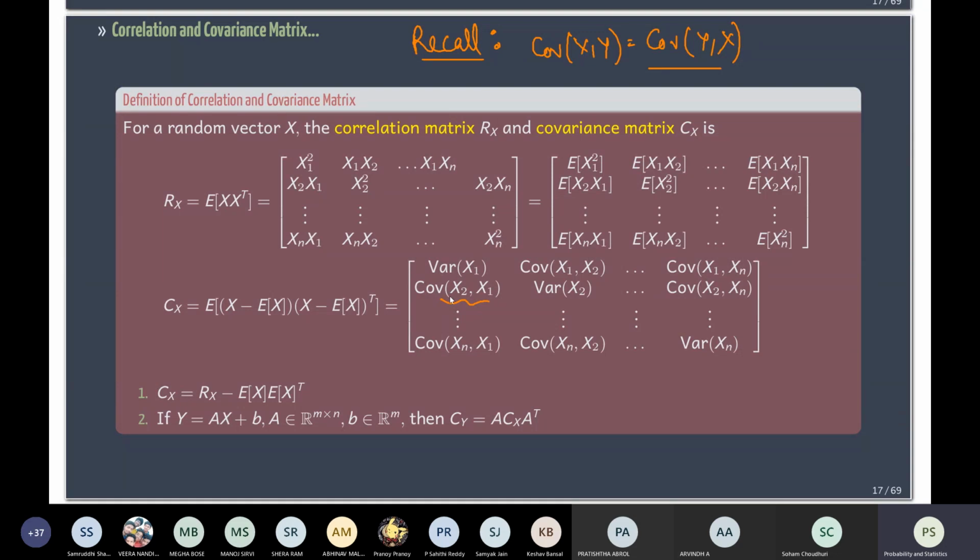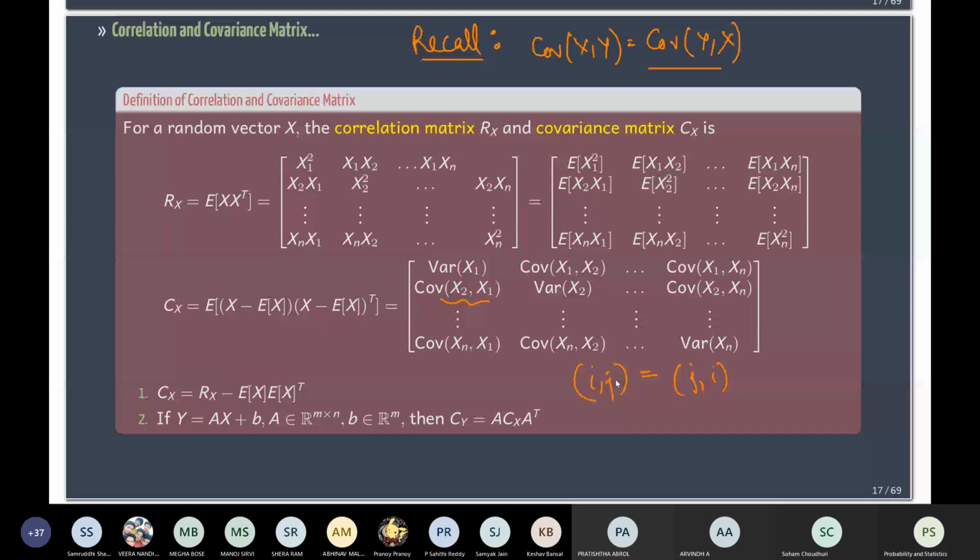So if that is the case, then the IJ entry is equal to the JI entry, right? So that's the definition of a symmetric matrix. So the covariance matrix is a symmetric matrix. That is clear, because covariance of XY is covariance of YX.